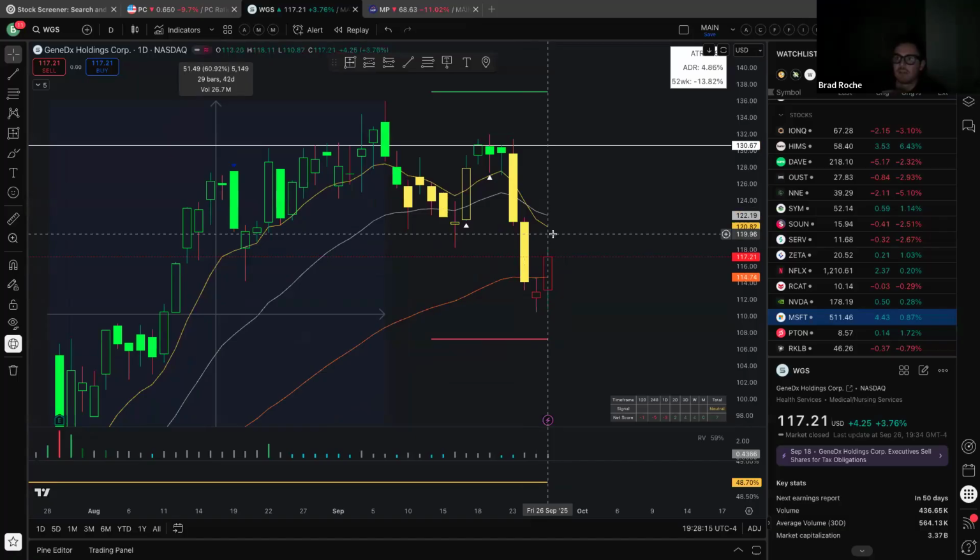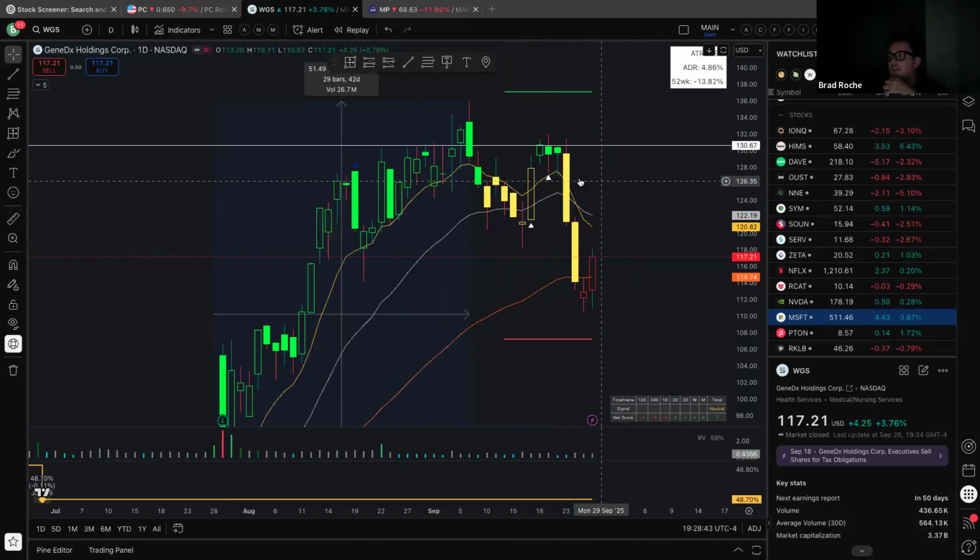In this case, right now, nothing to do with it. But as for why I didn't take it last week, I think it's helpful to mention, I was looking for the breakout here and it never got it, so that's why I didn't take it, and it had a huge rejection.